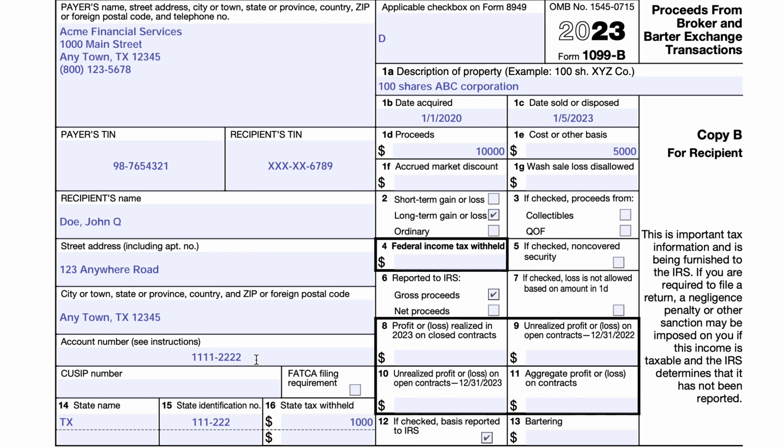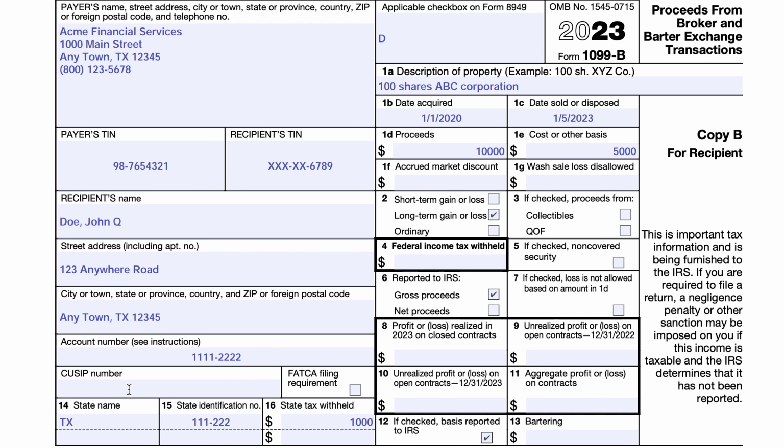The brokerage firm doesn't have to report your account number unless they are issuing multiple copies of the same tax form for the same taxpayer for different accounts. So if John Doe had 2 different brokerage accounts with the same firm, you would see an account number for each unique account reported on that form.